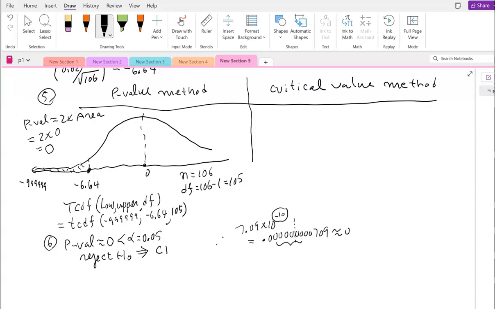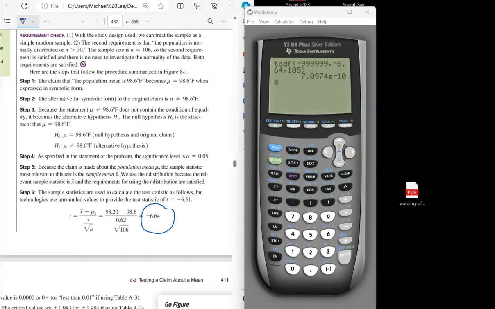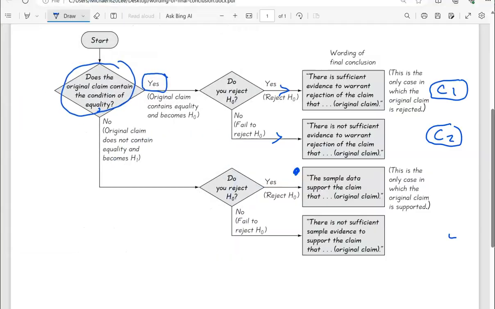Why case 1? Remember, you go to the wording. Do you reject? Yes. Why reject? Because the p-value is less than alpha. If the p-value is greater than alpha, then you fail to reject. But the p-value is less than alpha, so in this case we go to yes.